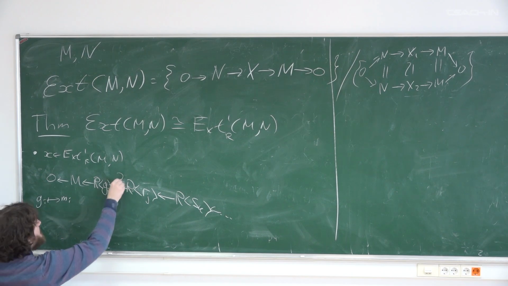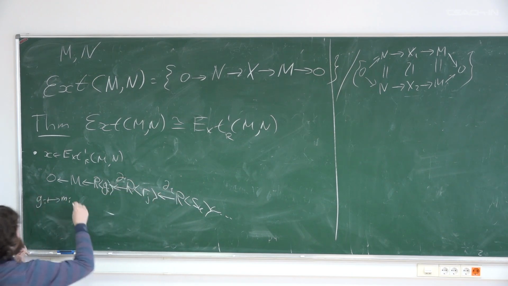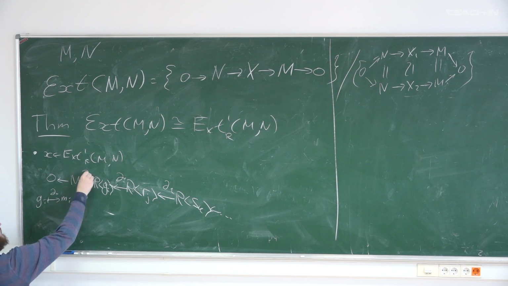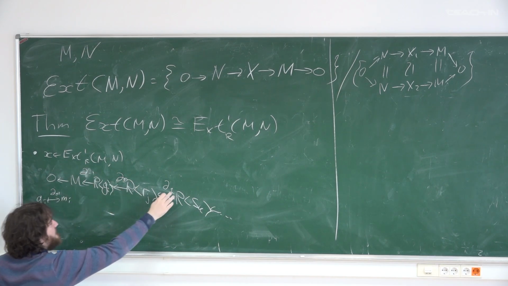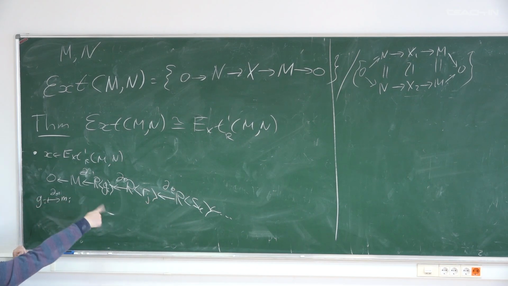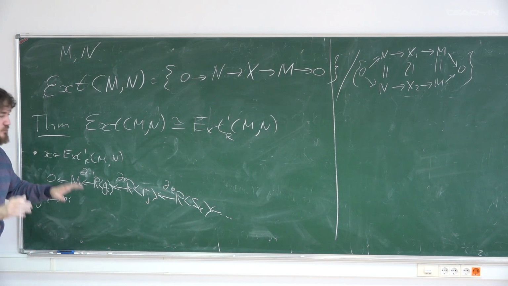These maps, d0 and d1, are maps between free modules, so they are kind of matrices.